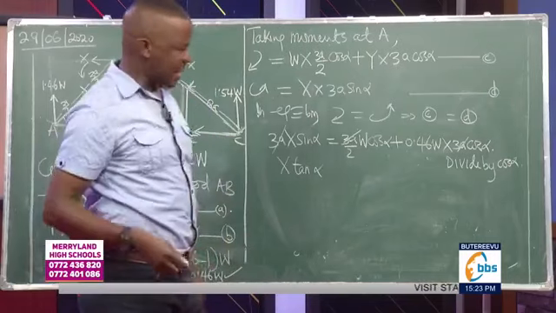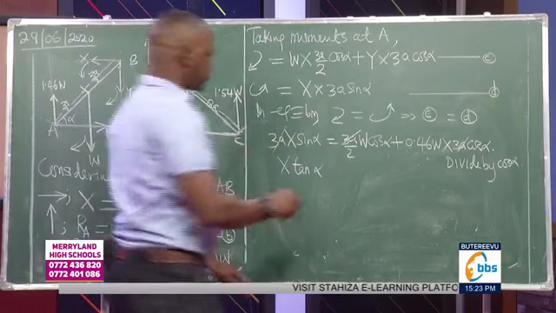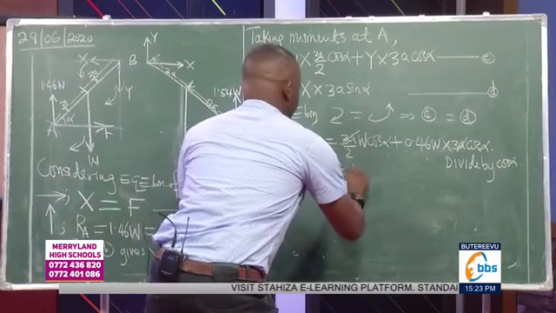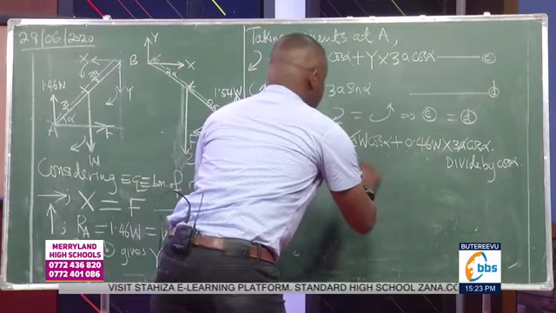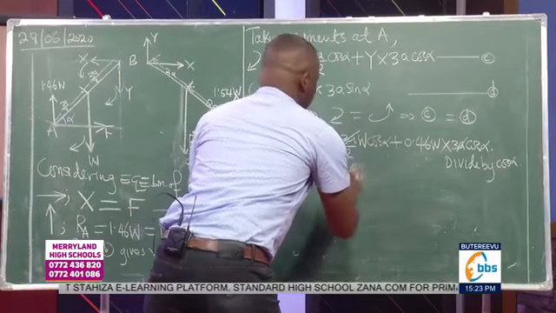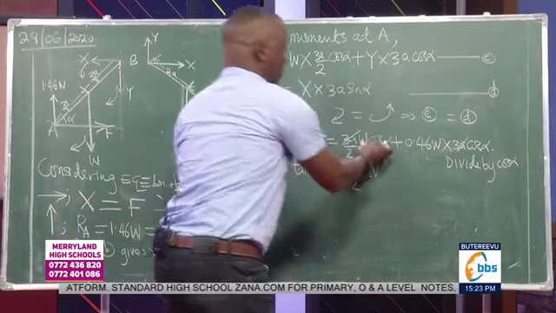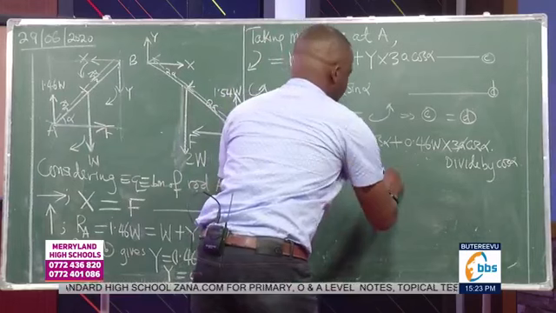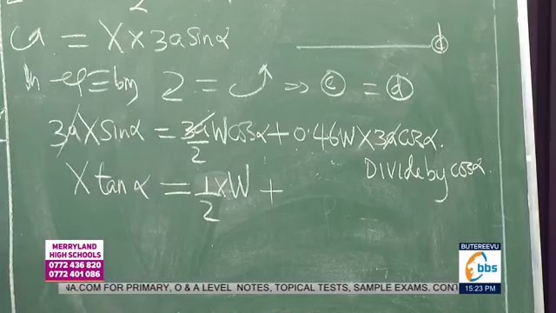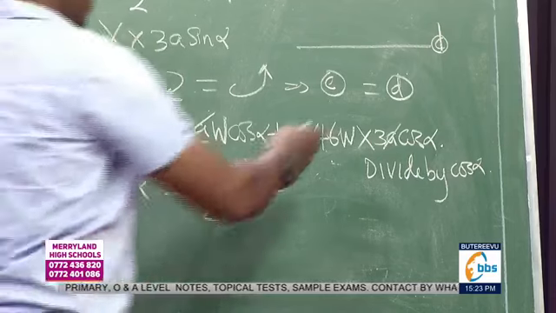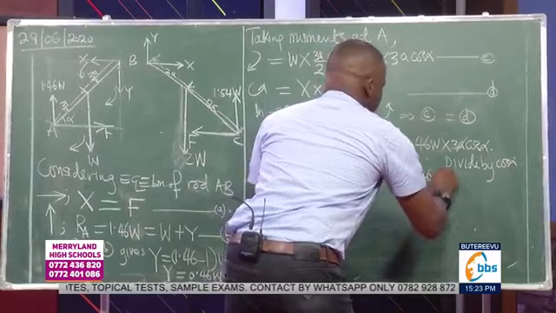I'm dividing by cos of alpha, so sine over cos will give me tan. I have stayed with a half here, given that the 3A has gone away, times W. So this is a half W, because the cos will disappear, giving us 1, plus my 0.46, no, the 3A disappeared, so we have 0.46 W.